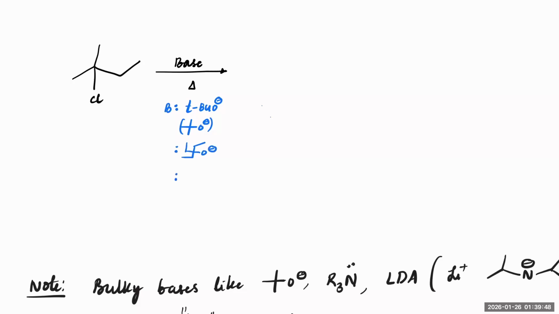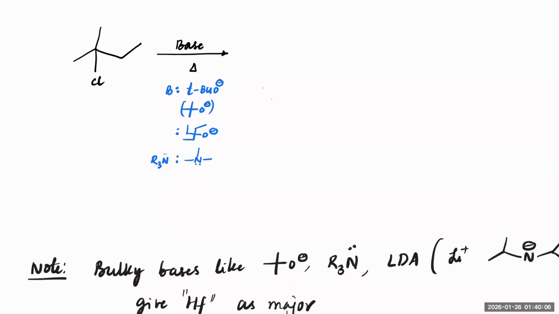Or we can have a tertiary amine, that is R3N, like I have nitrogen, which has a lone pair but is also connected with at least three methyl, ethyl, or some kind of connections like this. Then we have LDA, lithium diisopropylamide, like this with lithium plus. This also serves as a very bulky base.